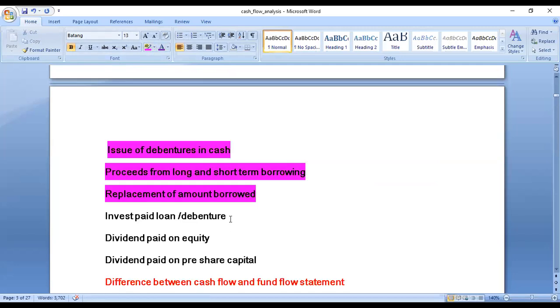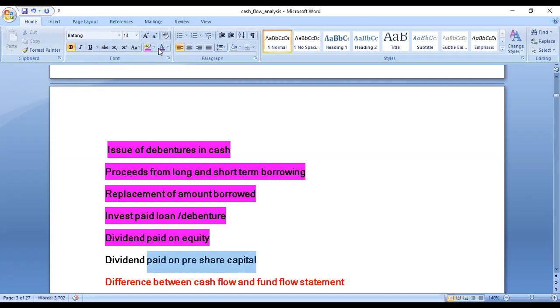Repayment of amount borrowed, interest paid on debentures or interest paid on loan, then dividend paid on equity share capital, dividend paid on preference share capital.